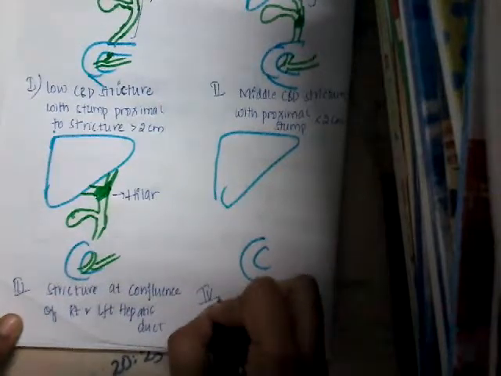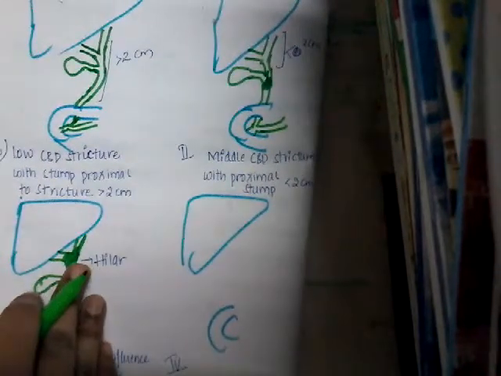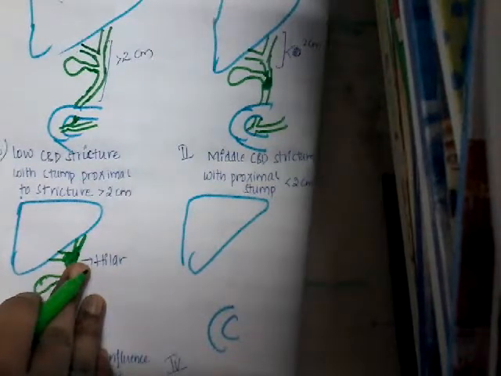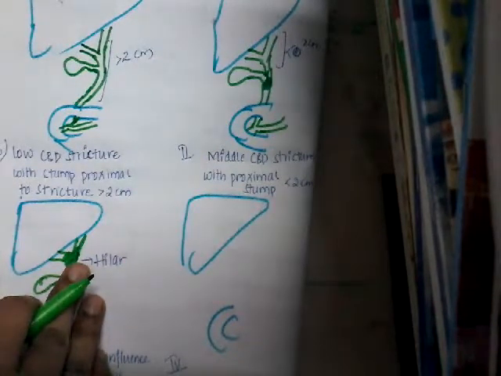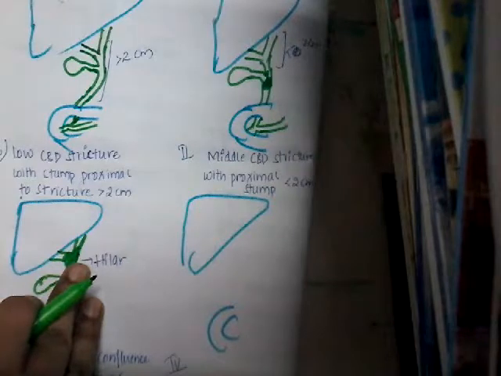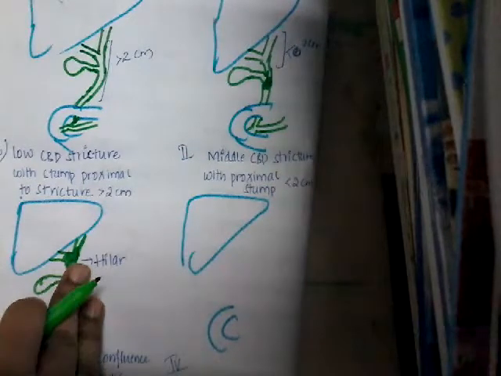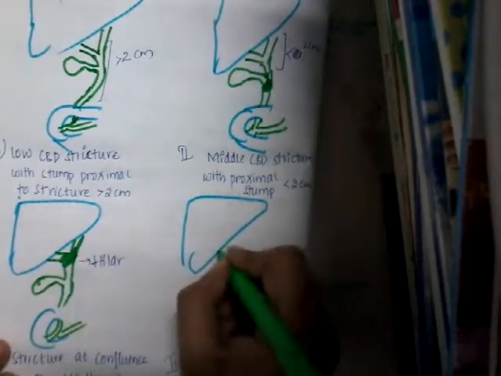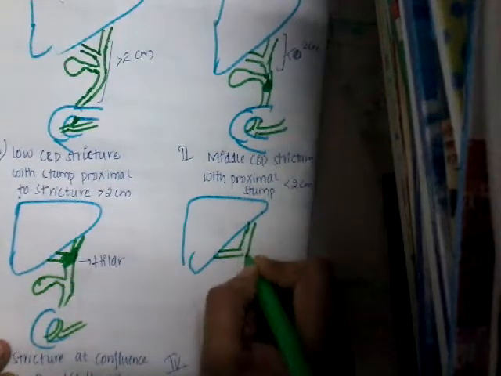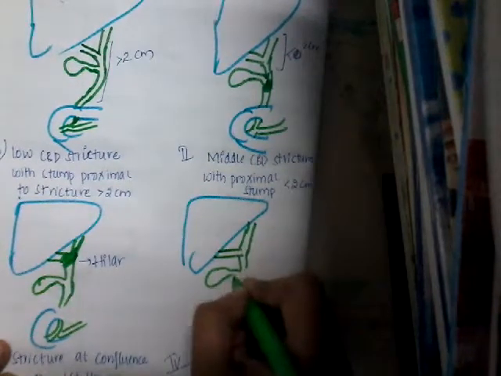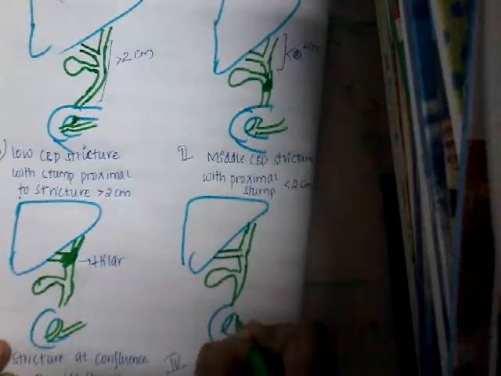Then type 4. In type 4, the right and left ducts are now separated. There are separated right duct and left duct, and there are strictures over there.